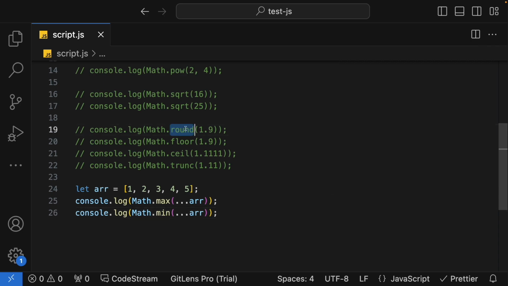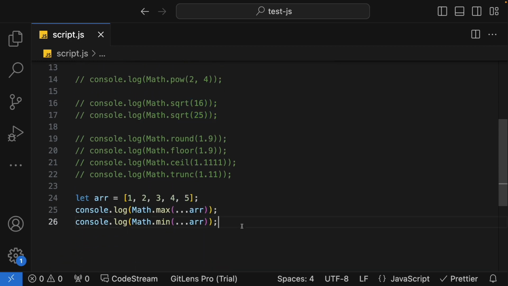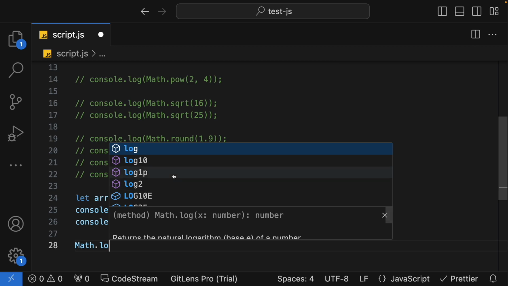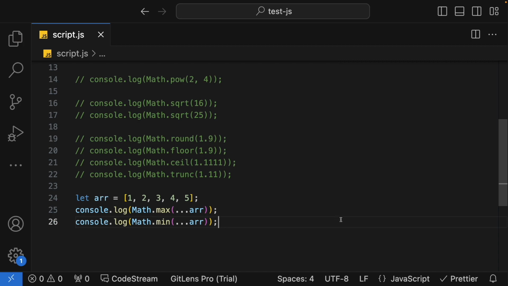That could be rounding off, floor, ceil, calculating the min and max, or having the square root and power. And apart from this, the Math object has many more options. For example, if you just want log 10, log n, you can specify the number for which you need the log 10 or log 2 or other mathematical operations. So this is how the Math object helps us perform calculations in JavaScript.